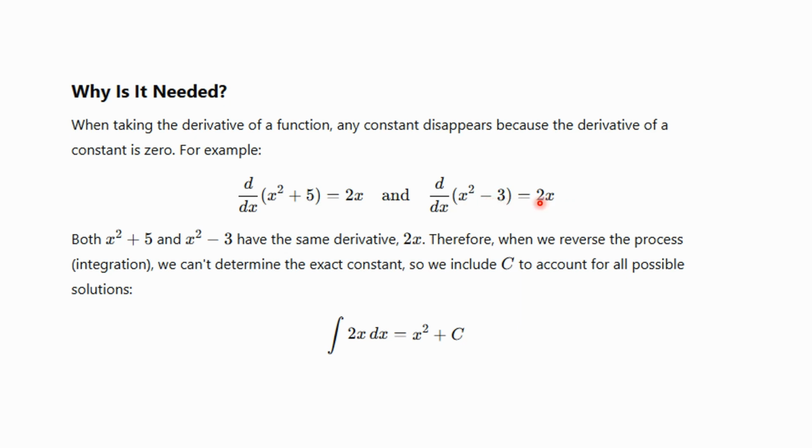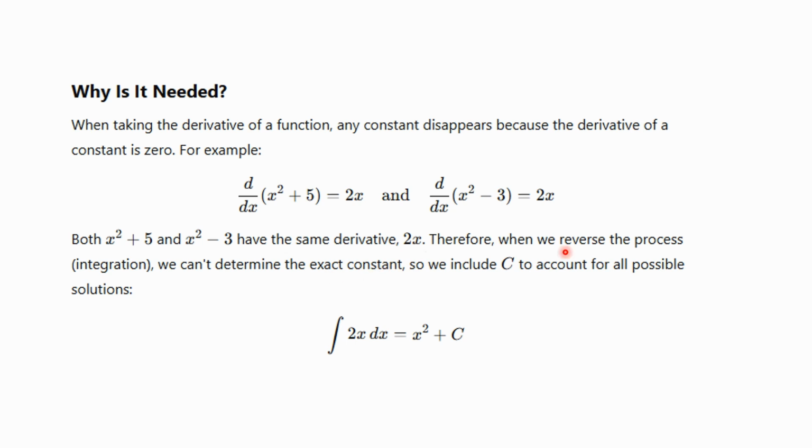But now once you have the derivative and you go back to looking at the integral, I have no idea what the constant might be. It's either the minus 3 or the plus 5. These two functions have the same derivative. So what we do to make up for that is add this constant on. Both x squared plus 5 and x squared minus 3 have the same derivative, which is 2x.